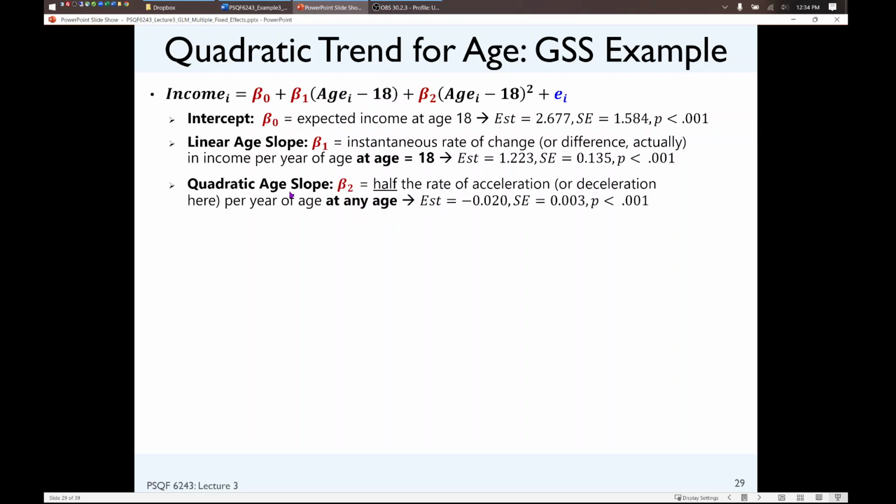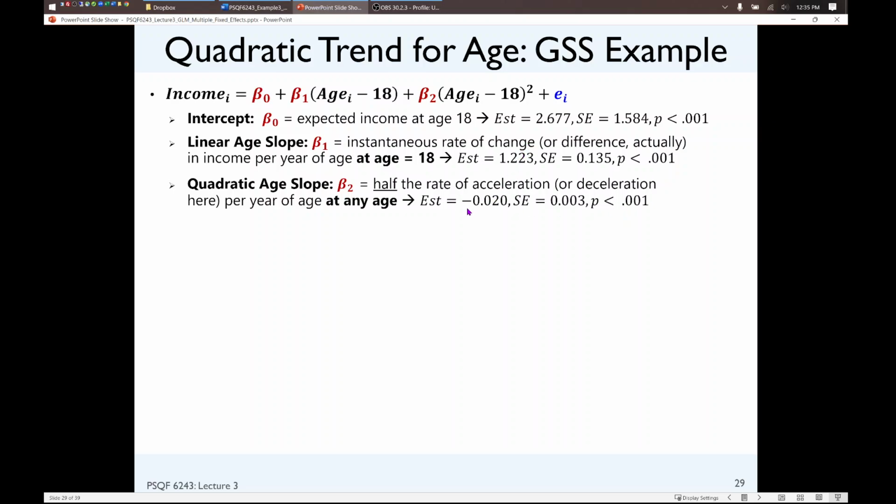The quadratic slope then gives us half of the rate of acceleration, or deceleration is actually what's happening here, per year of age, but it holds unconditionally across age. That is, this beta 2 applies uniformly across all the ages. And it was estimated as negative 0.02, and it was also significant, so significantly negative.